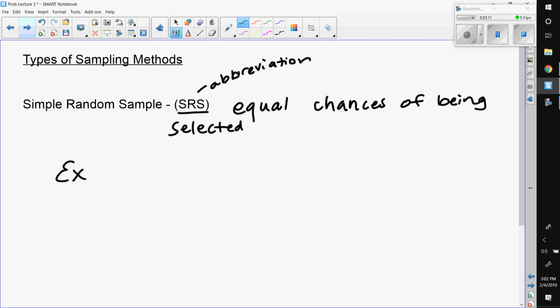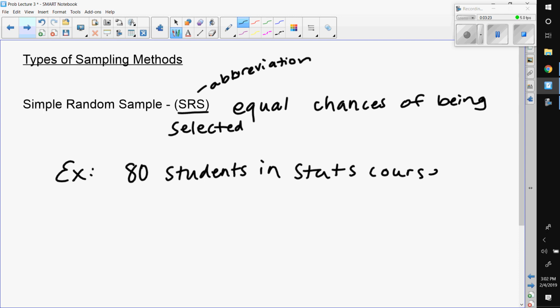An example of using a simple random sample is having 80 students in a stats course, AP, US, the other AP classes. This is your population.